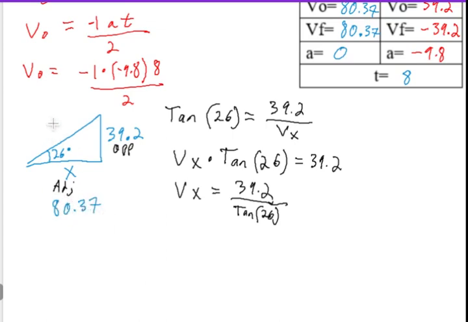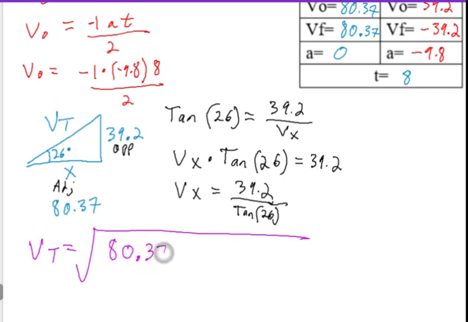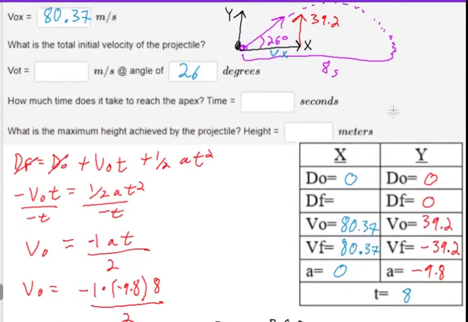So to figure out the total up here, I'm going to have to use the Pythagorean theorem. So the total is going to be equal to the square root of a squared, which is 80.37 squared, plus b squared, which is 39.2 squared. Go ahead and plug that into my calculator, and I find out that the total velocity should be 89.42.